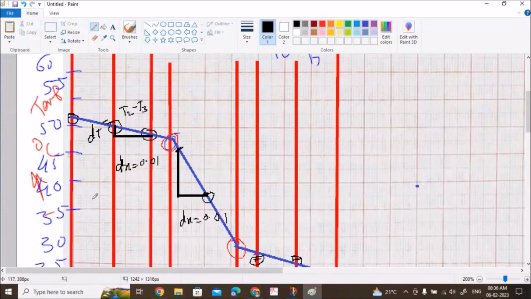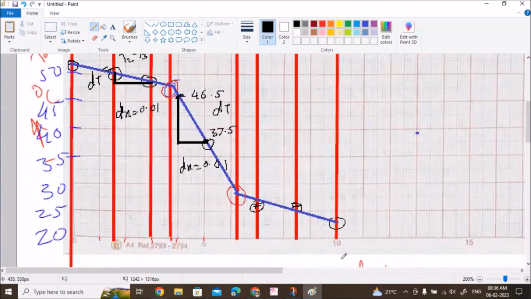Here it is 35, 37.5 around approximately, and this temperature is 45, 46 or 47, whatever from graph, 46.5 doesn't matter. So I get here dt for this minus this and dx, so I can find out thermal conductivity.